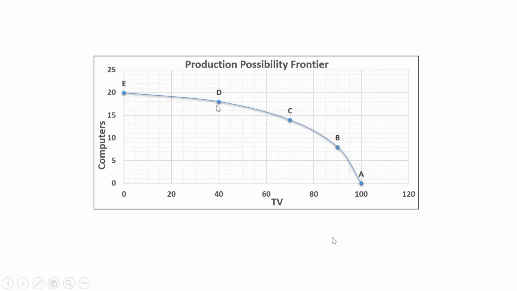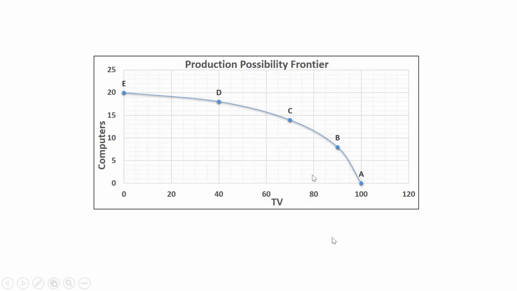Finally, as we move from D to E, we have to give up all the 40 sets of TV before we can produce the maximum of 20 computers. So as we move from A to E, we see that opportunity cost in terms of TV is increasing.